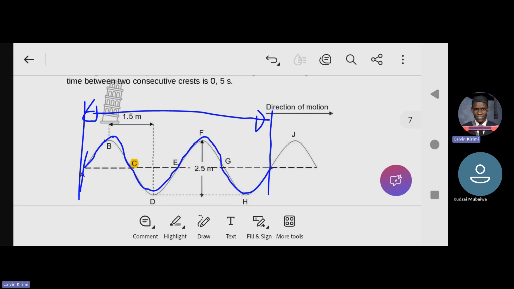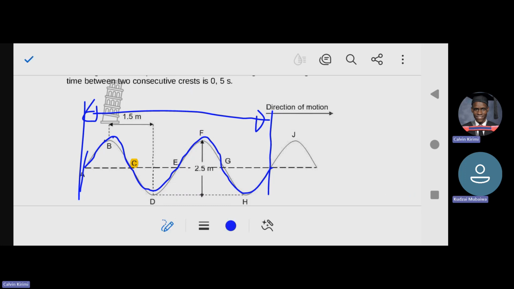We are agreeing that from there to there is 1 second. The unit for seconds is just a small s. Don't put another unit. That is the time up to there.